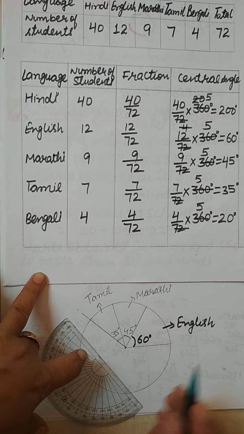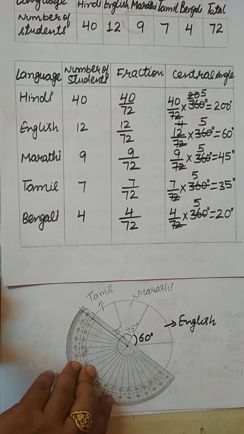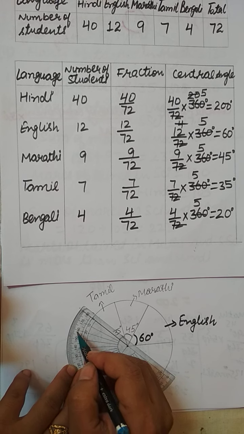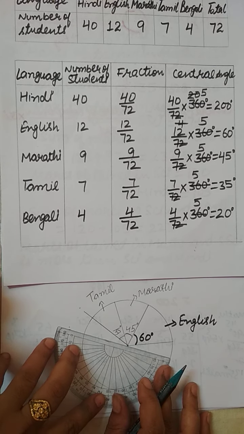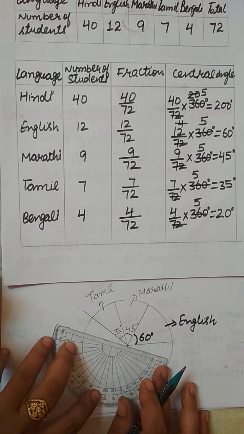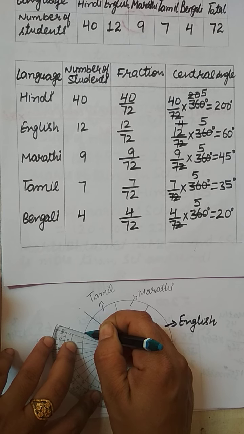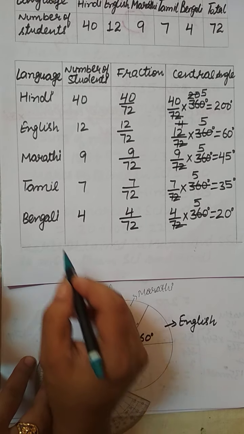Now next angle is of 20 degree for Bengali. Now for Bengali, set your protector and mark the angle of 20 degree. This is here. This is 20 degree. 20 degree is for Bengali.